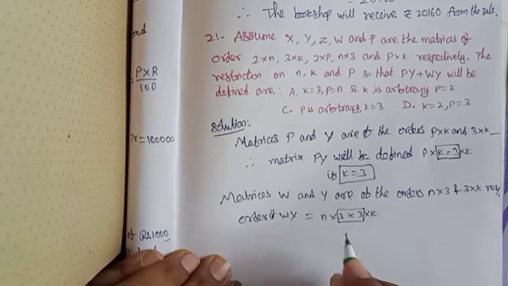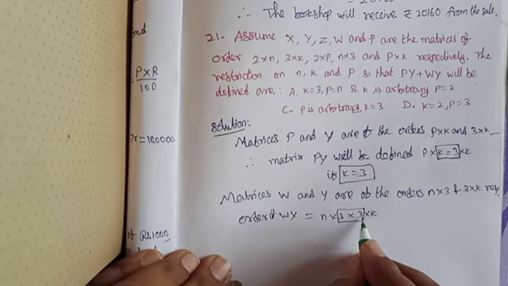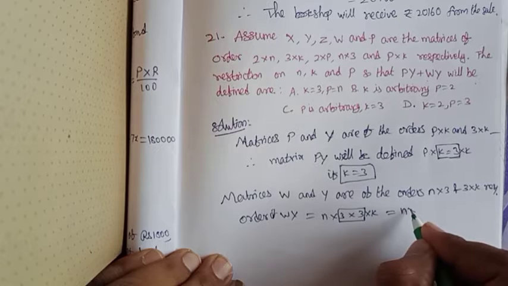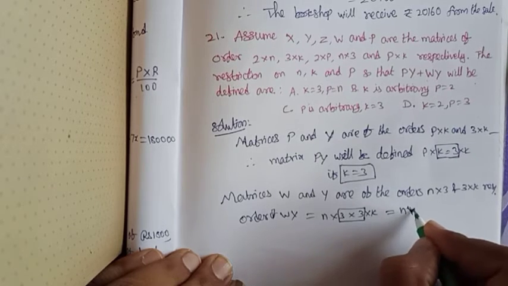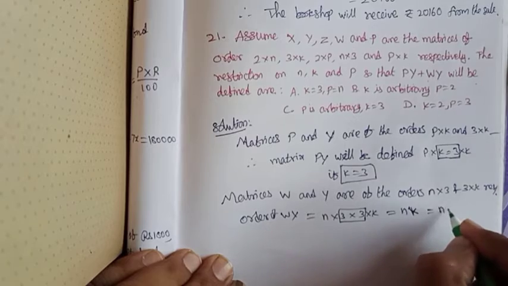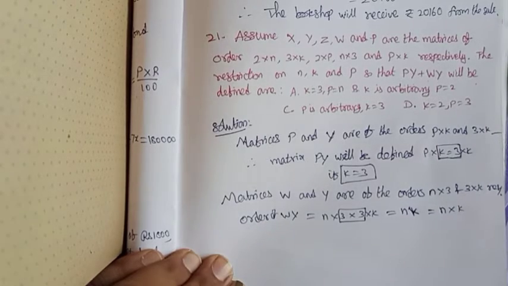For multiplication, the number of columns should equal the number of rows. So we get the order of WY matrix as n by k, or nk.